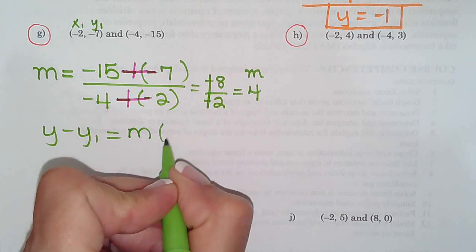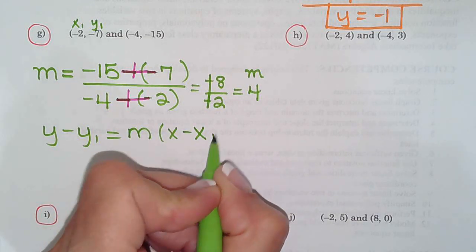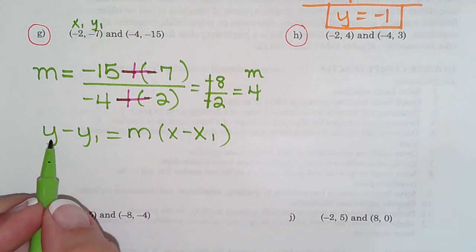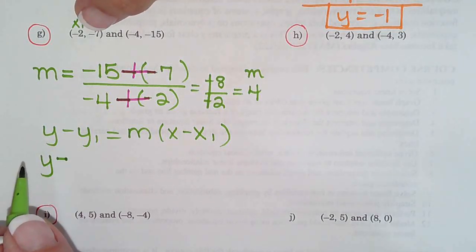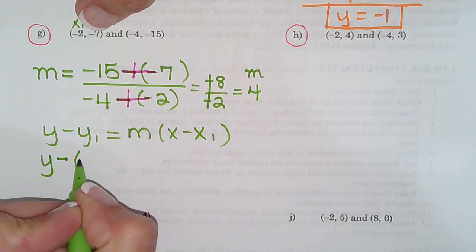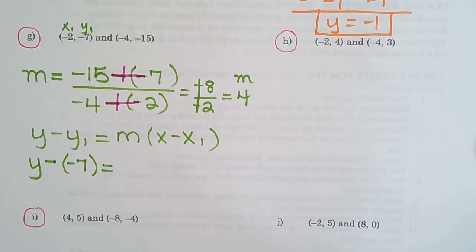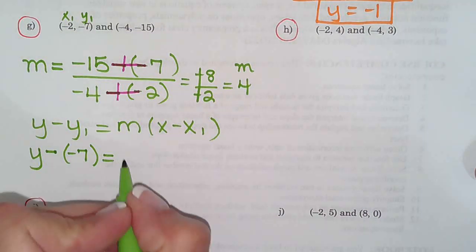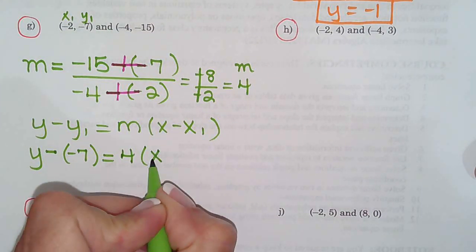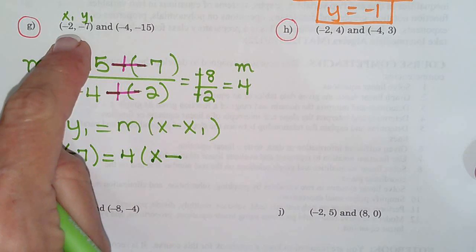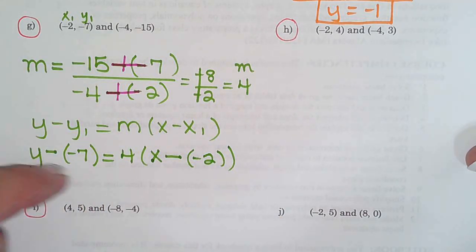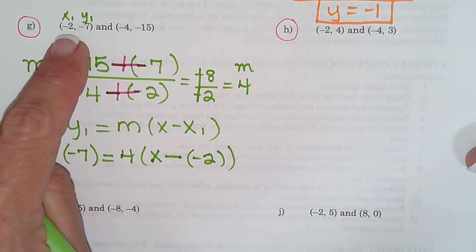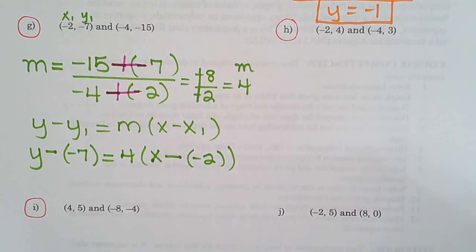So let's write down our point slope form. So it will be y minus negative 7 equals m, which is 4, times x minus negative 2. So y minus negative 7 equals 4 times x minus negative 2. Looks good.